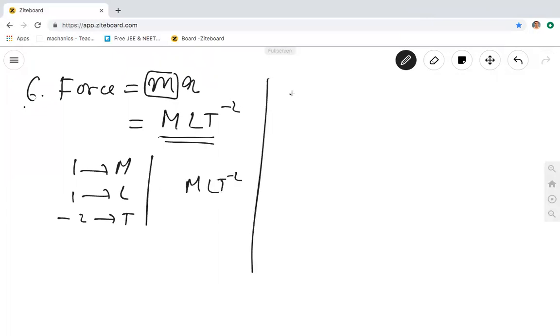Now, seventh. Let me go to the seventh. Seventh is work or energy, heat energy, chemical energy, any form of energy, or even torque.